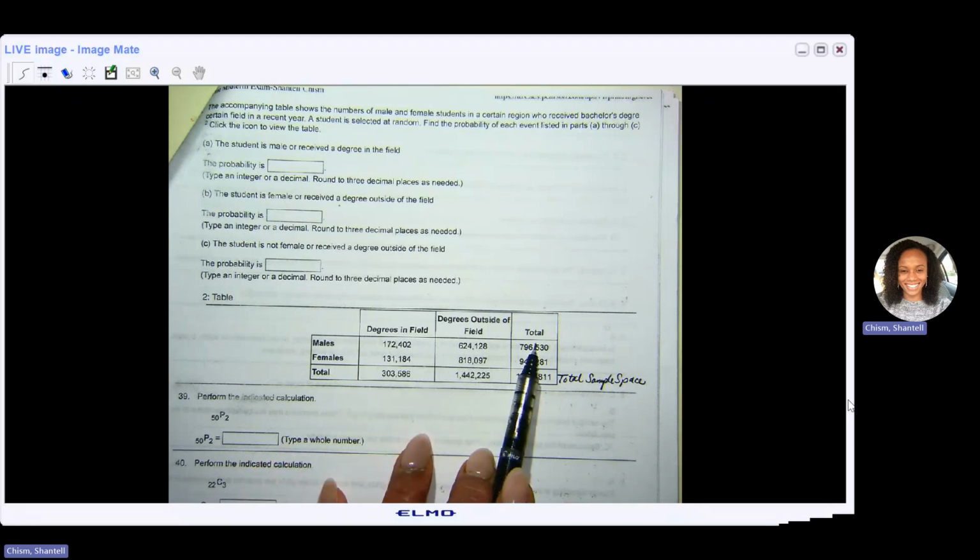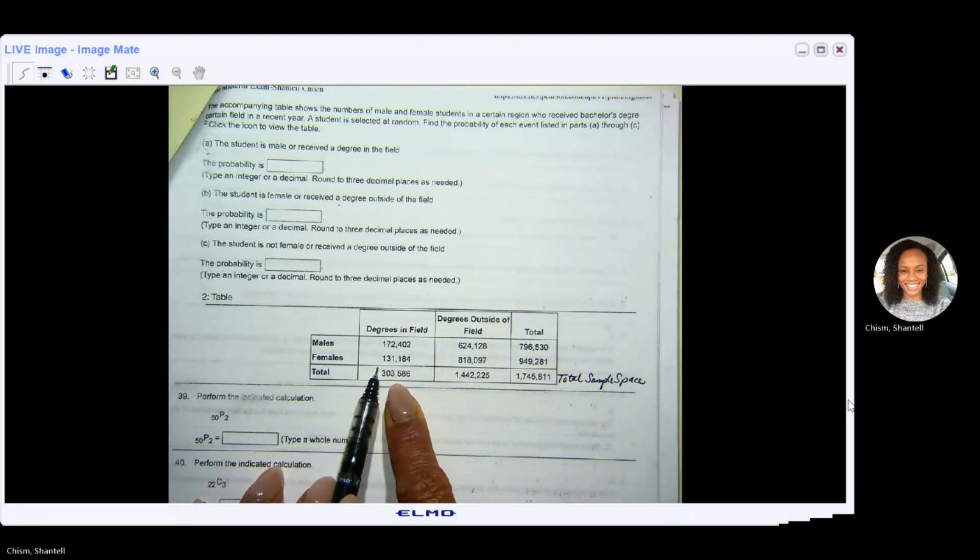So you've got rows, showing male total at the end of that row, female total at the end of that row. Then you've got columns talking about degree in field versus degree outside of field. At the bottom of each column, the total number of students who earned a degree in field, regardless of gender, and the total number of students who earned a degree outside of field, regardless of gender.